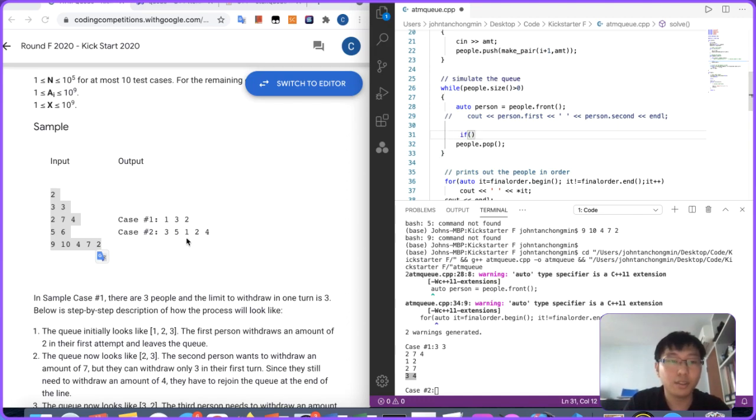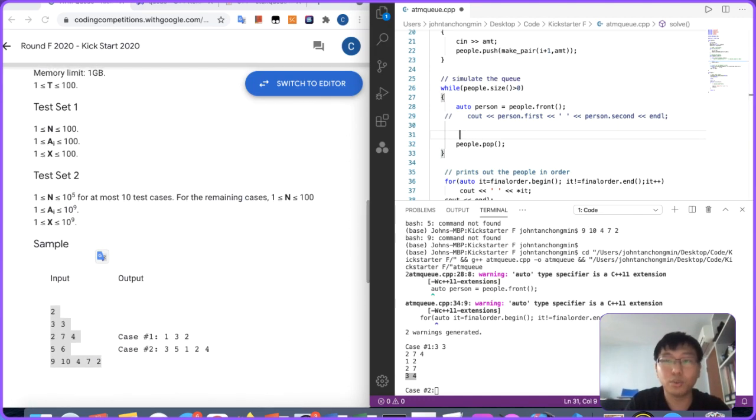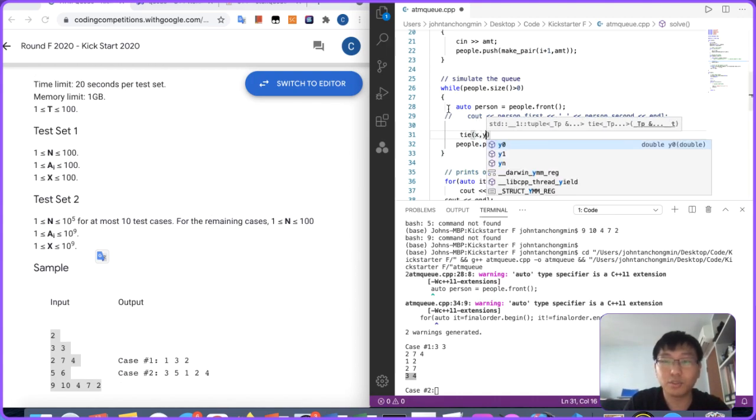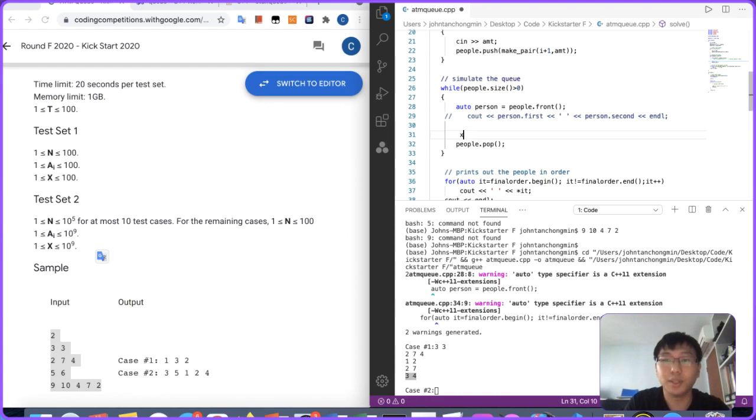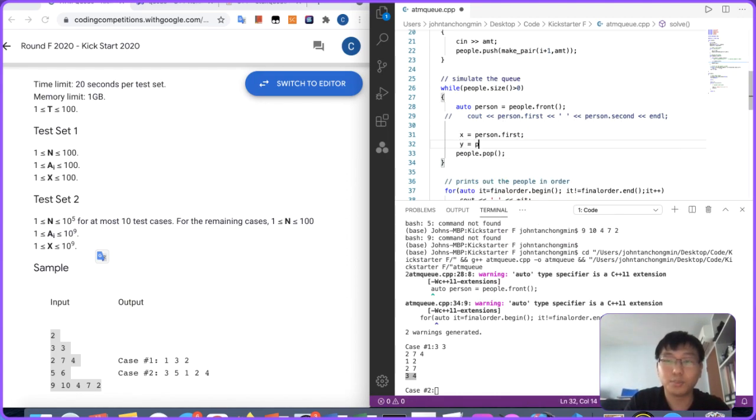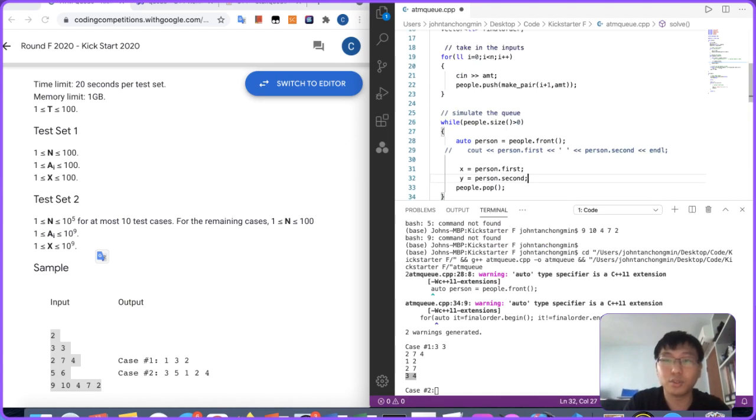What I'll do is tie x y. Tie basically just takes in the x. Actually I can do it in an easier way. I can just do person dot first, y equals person dot second.